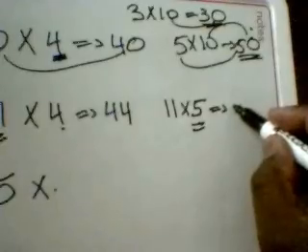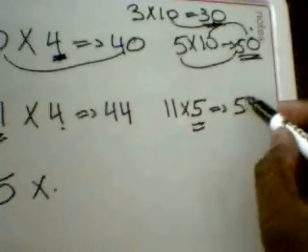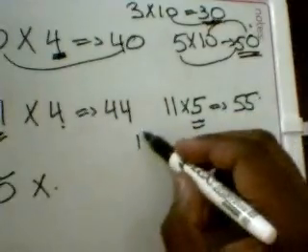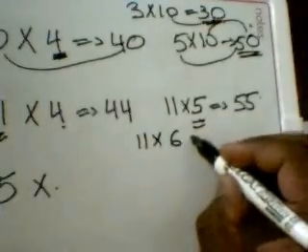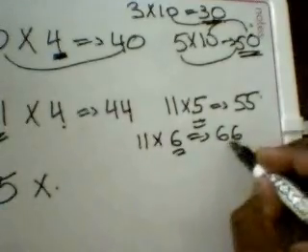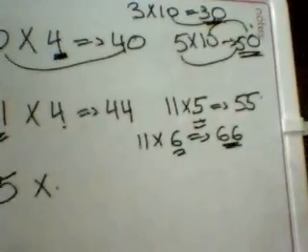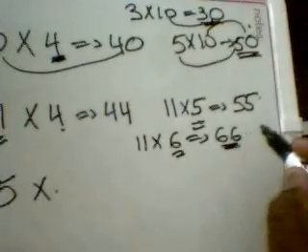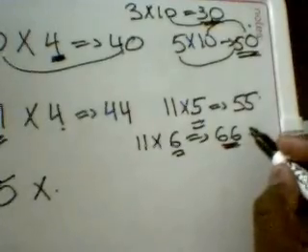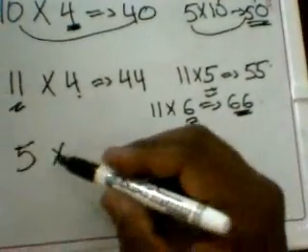This will be 55. If it's 11 times 6, you take 6 and you make its double digit, 66. If it's 7, 77. If it's 8, it will be 88. If it's 9, it will be 99.